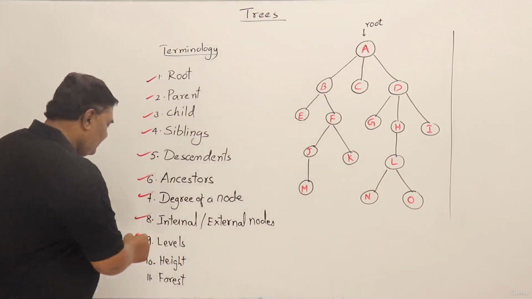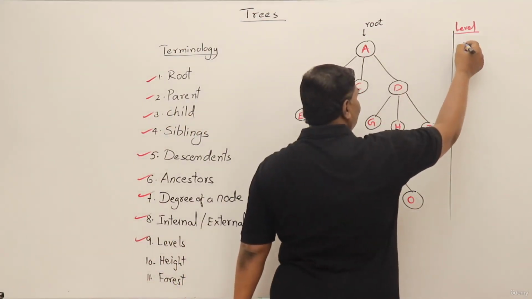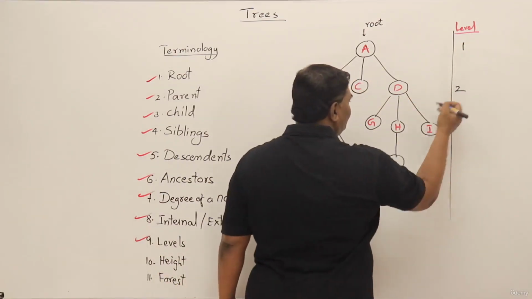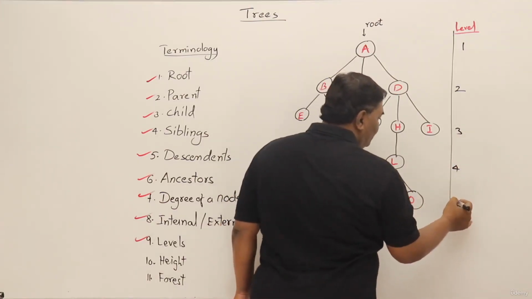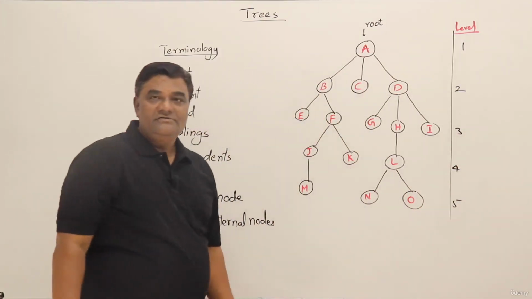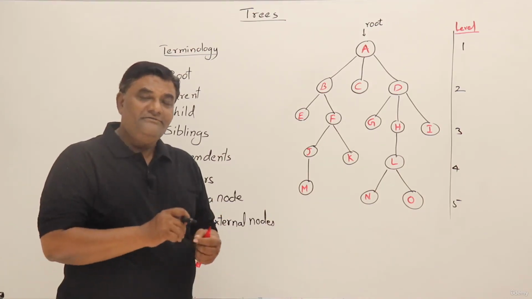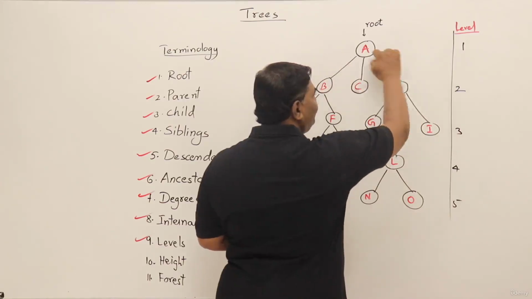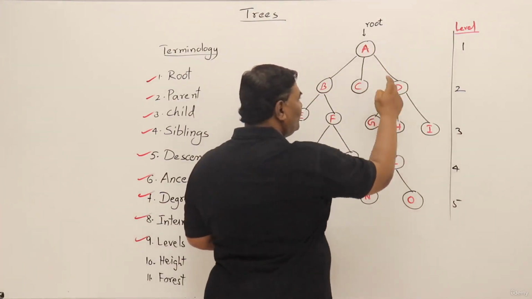Next, levels. See, level of a tree starts from 1 onwards, that is root is at level 1, then its children at level 2 and their children at level 3 and 4 and so on. So level starts from 1 onwards. Actually for level we count nodes. Here there is one node. Then at this level, total 2 nodes are there.